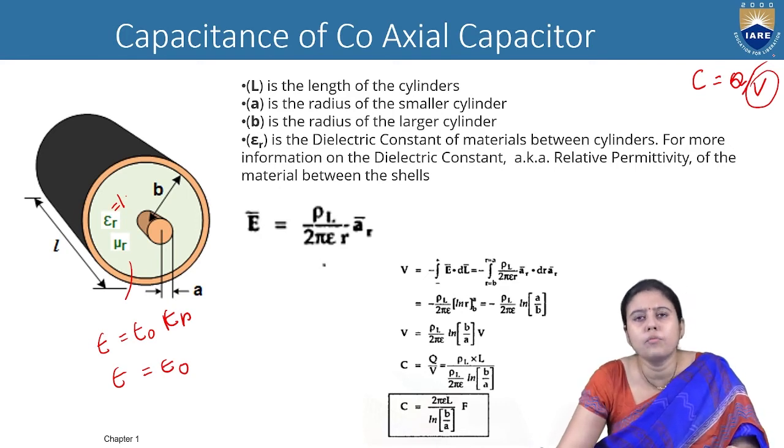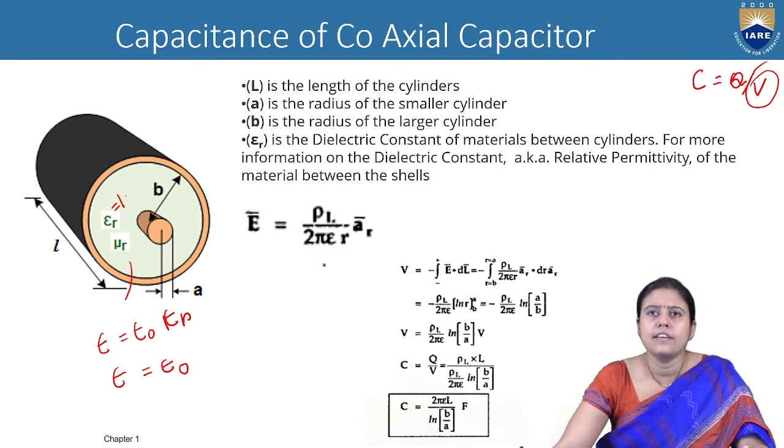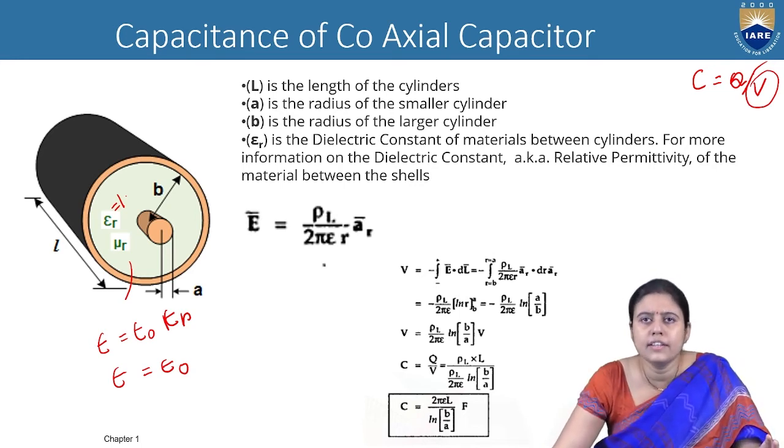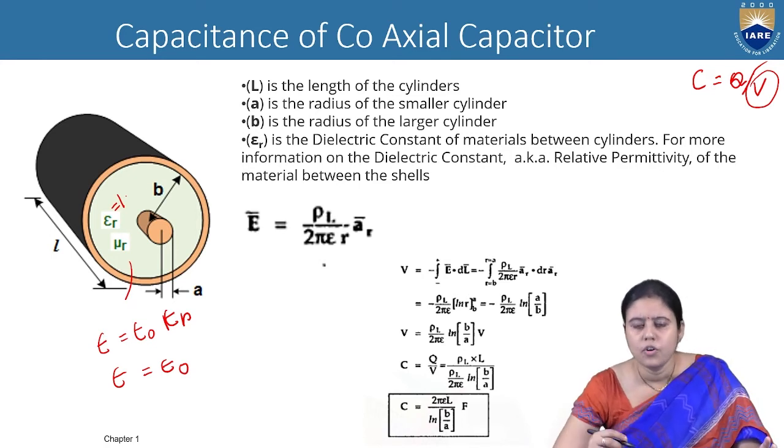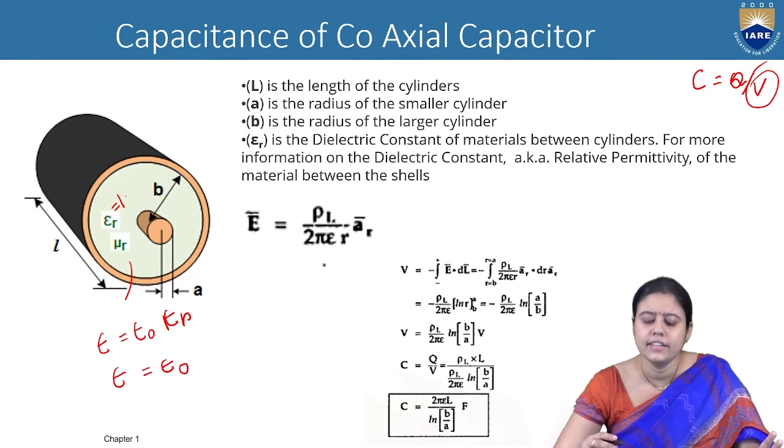So what is the formula of field intensity? It is already discussed that the field intensity for a cylinder is rho L by 2 pi epsilon r into AR. What is rho L? Rho L is the linear charge density.